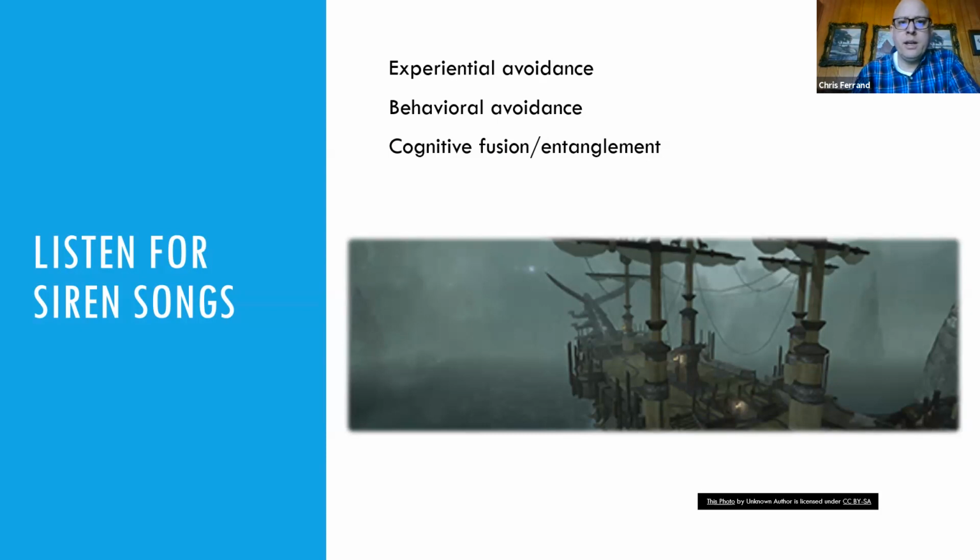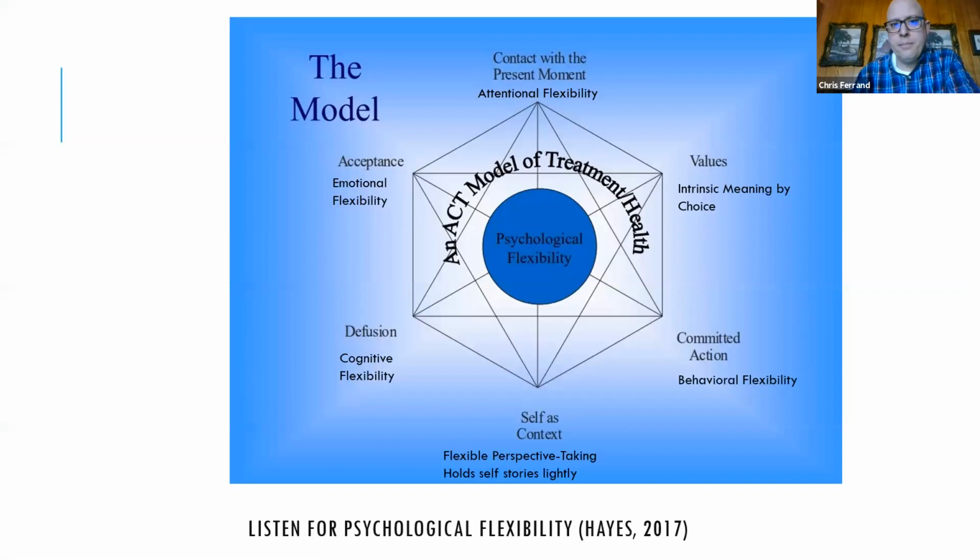And then entanglement and fusion, lack of distance with their thoughts, and rigid rule following, lack of awareness of the process of thinking, obeying their mind and doing everything they think, which is part of what happens to humans as part of languaging. So we can listen for that.